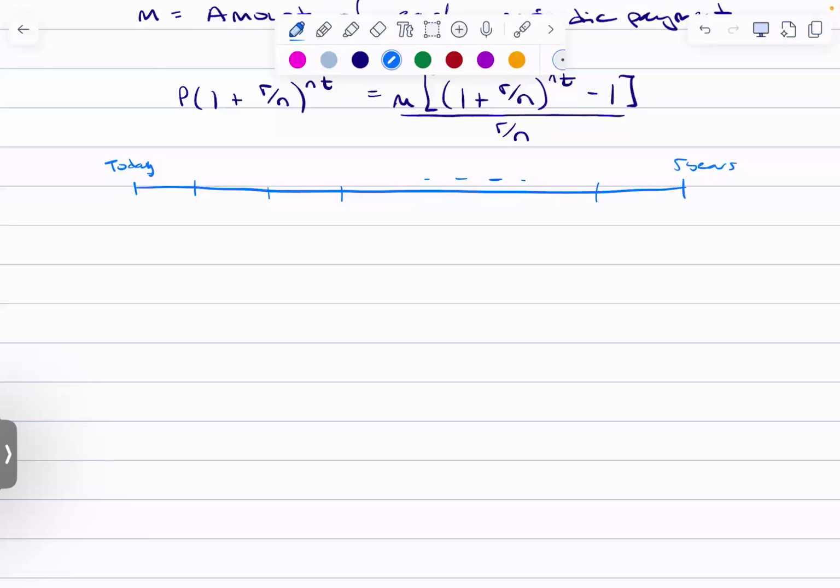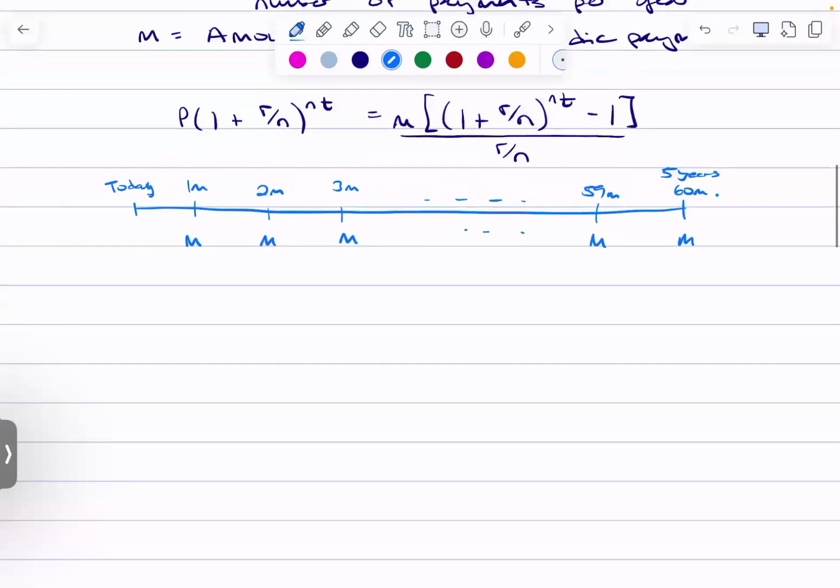So 5 years or 60 months, making this the 59-month mark, 1 month mark, 2 month mark, 3 month mark, and so on and so forth. I make some payment amount M each month for 5 years.